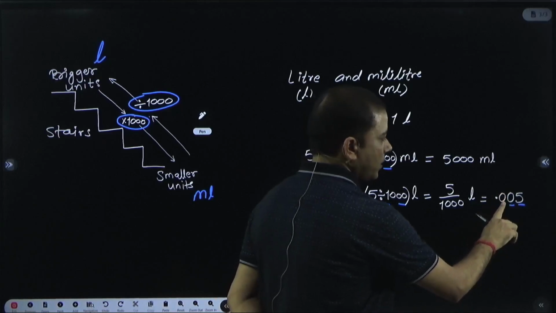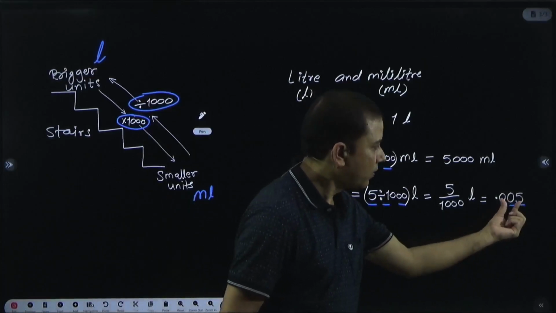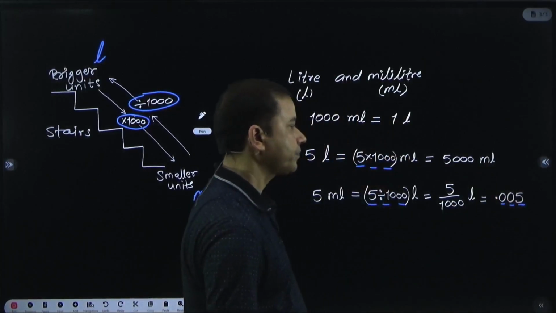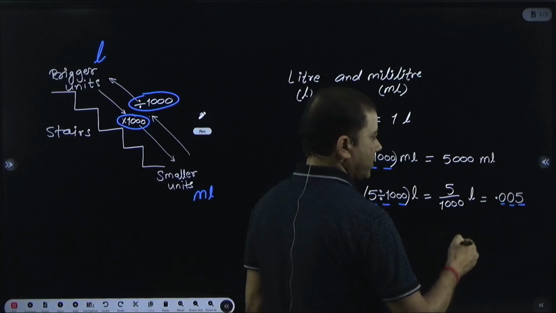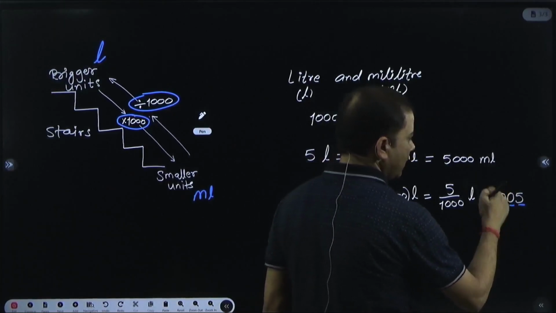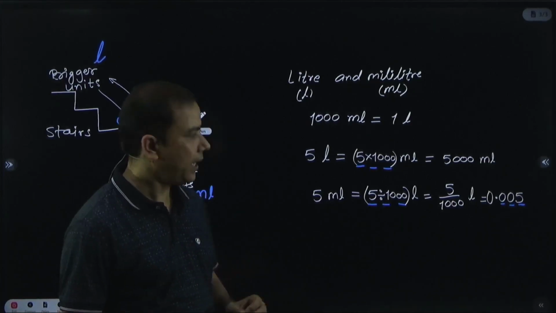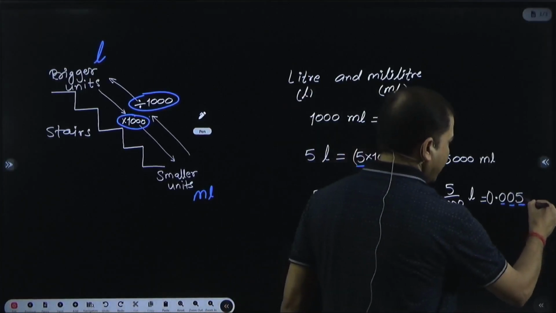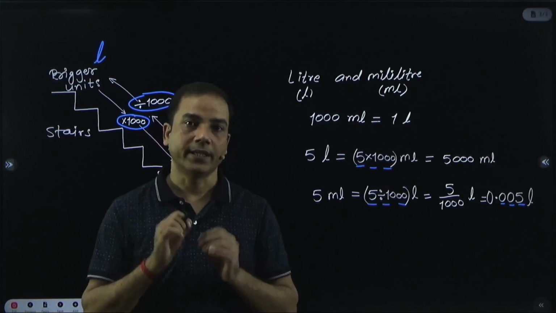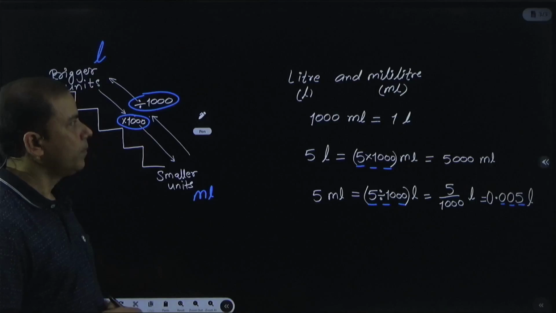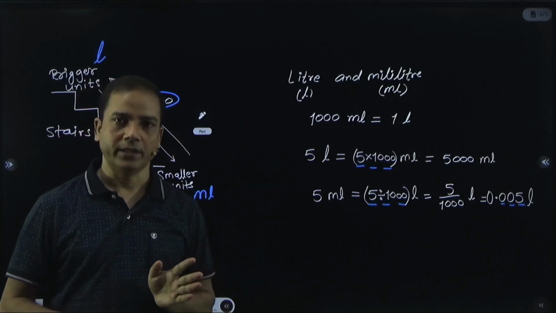So 0.005, 3 places of decimals, and then our decimal comes. As we discussed, we need to put an extra 0 to the left of the decimal. So the answer is 0.005, and we put the unit liter: 0.005 liter. I hope you understood how to change liter to milliliter and milliliter to liter.